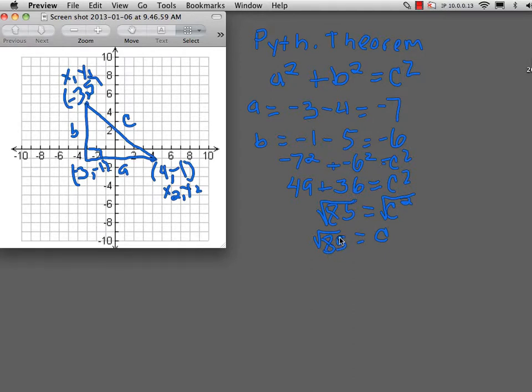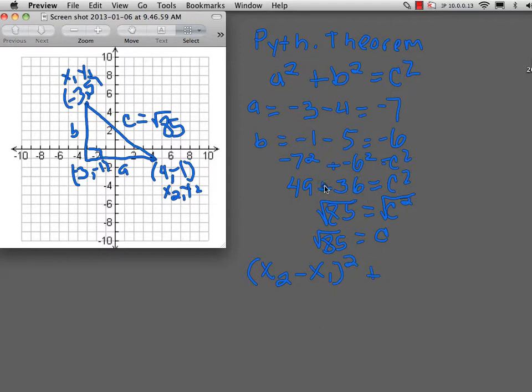Okay, now let's look at what we did to compute the distance. So again, C would be equal to the square root of 85. We simply took our x values, x2 minus x1, and squared it.